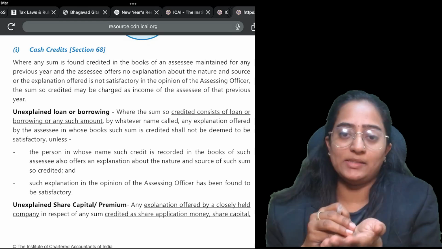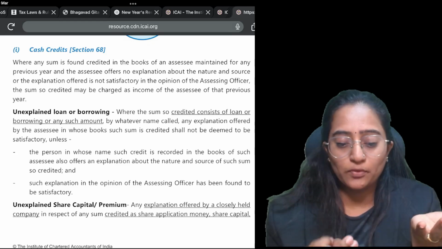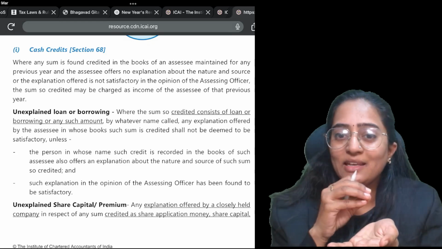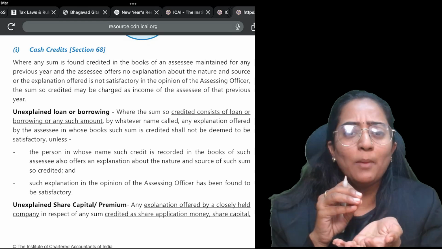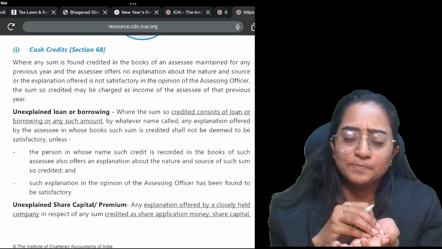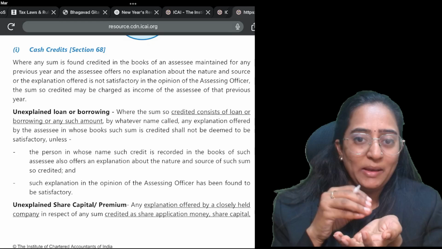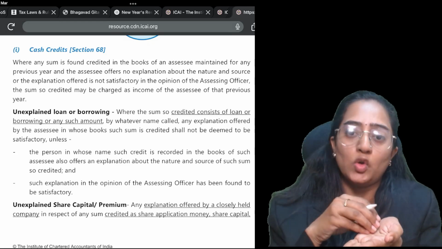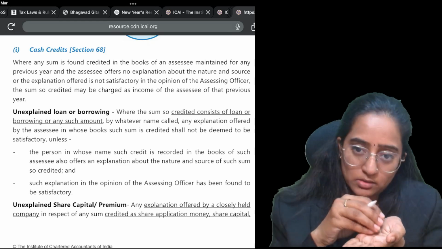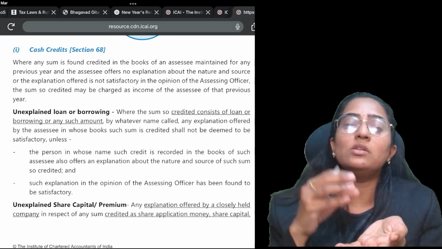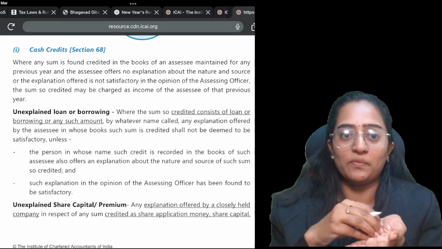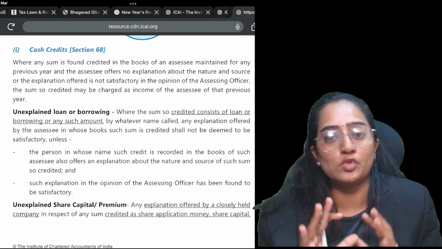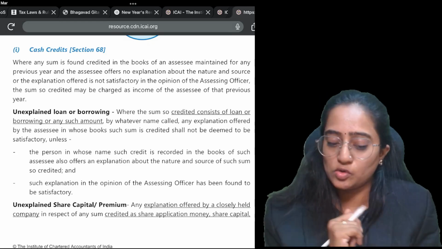Where some amount is credited as a loan or borrowing, if you are able to give a possible explanation for that loan amount to the assessing officer and he is satisfied, then he will not consider it as undisclosed sources of income. If not, he is going to consider it undisclosed sources of income.